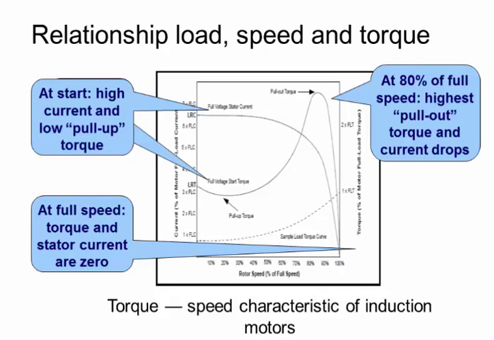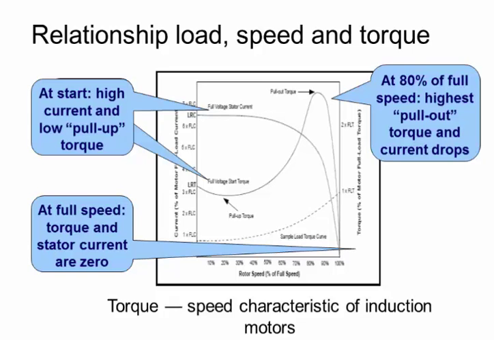In the next one, the relationship of load, speed, and torque. This is a torque-speed characteristic of induction motors. The figure shows the typical torque-speed curve of a three-phase AC induction motor with a fixed current. When the motor starts, there is a high starting current and a low pull-up torque.